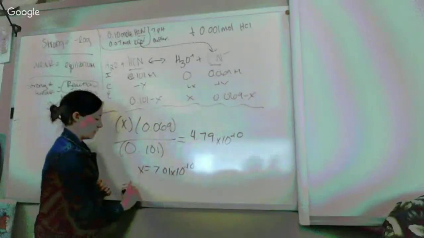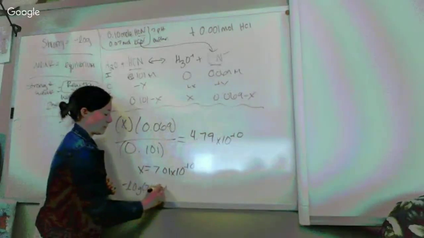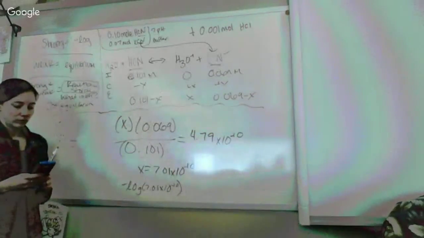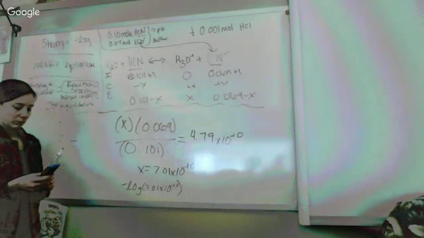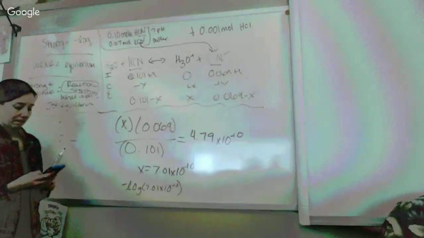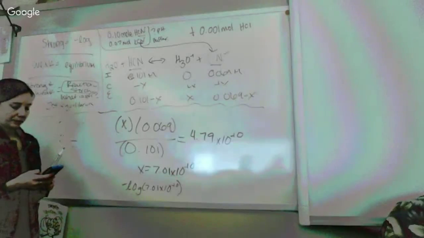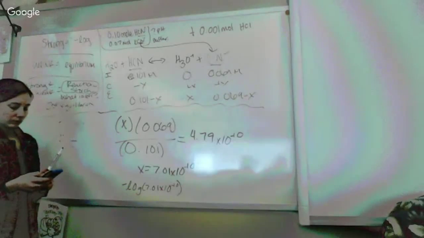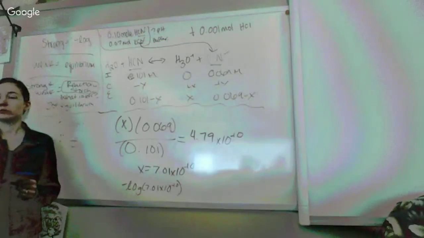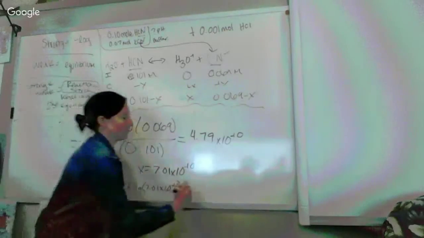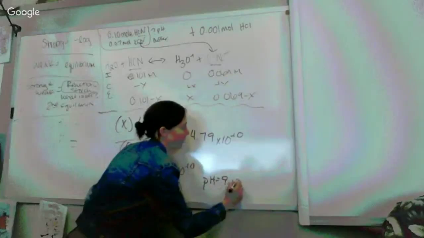Okay, so then if I take the negative log of that, what'd you guys get? So pH is equal to 9.15.